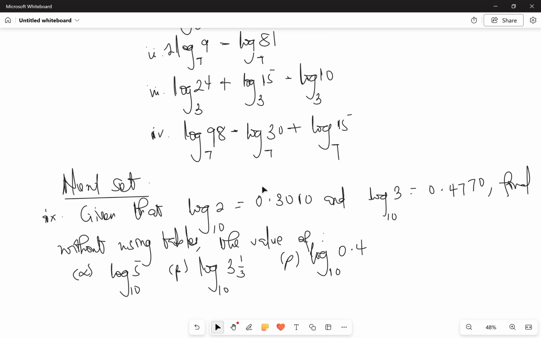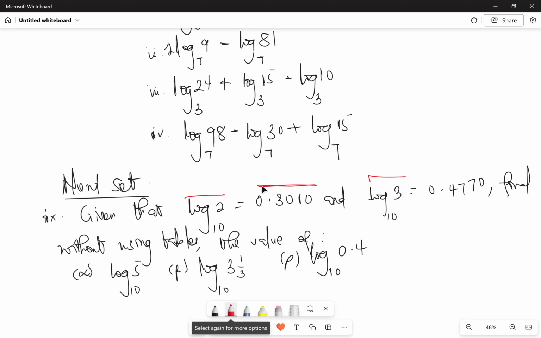Now, for this question, what happens? Because they've given us the log of certain numbers, it looks like we have to be careful with our calculator. First of all, find log 2 on your calculator and check if the answer is the same as what is given in the question.